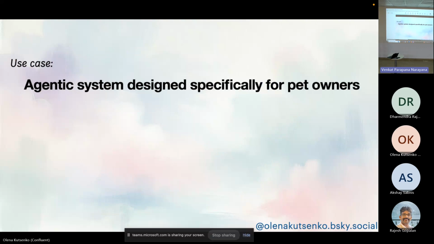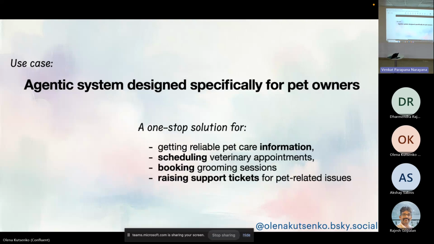And I wanted to look through a use case. This is quite an imaginary use case, but let's see how we would design an agentic system specifically for pet owners. So let's say we have a one-step solution.